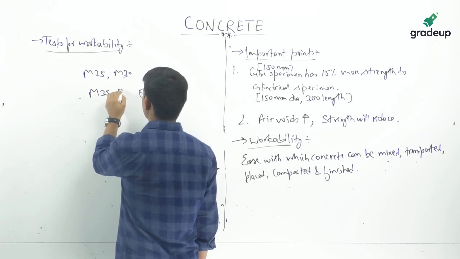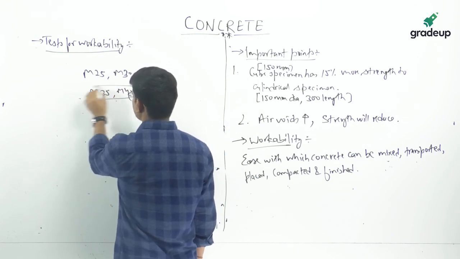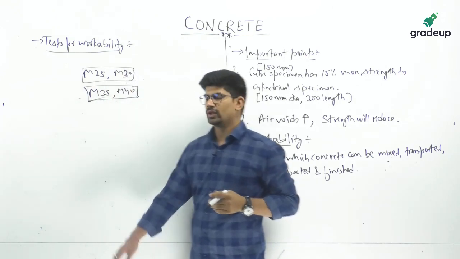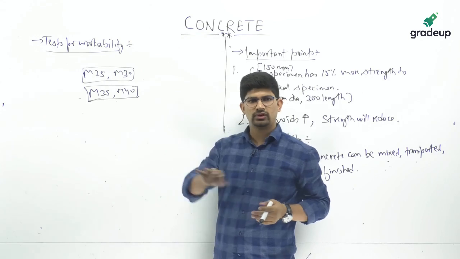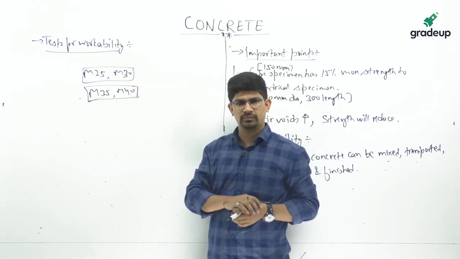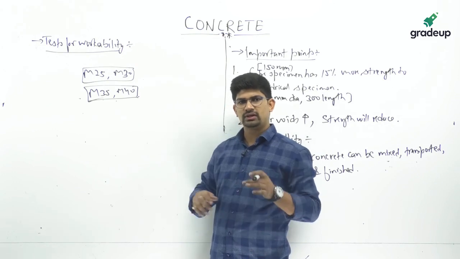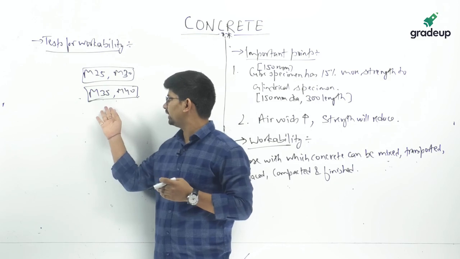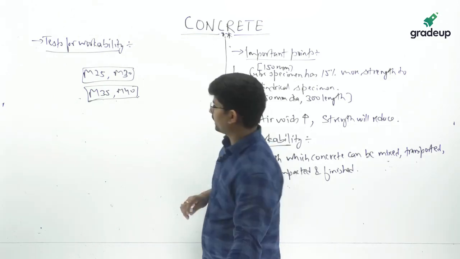So M35, M40 may be used. These are not absolute values, but just for relative purposes I am explaining. For highways, for nominal works, these may be used, but for airports, because heavy aircrafts land on those, you will need higher grade of concretes for that.